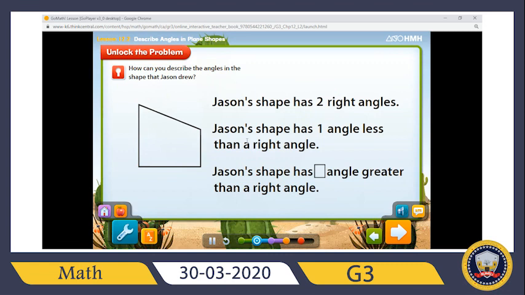How many angles are greater than a right angle? So I know this represents a right angle. I know this is less than a right angle. So let's check the last one. This angle is greater than a right angle, right? So there is only one angle greater than a right angle, which is here. Perfect.